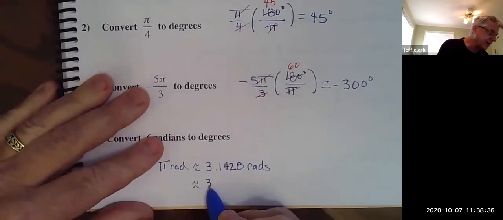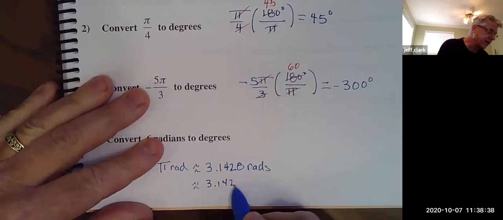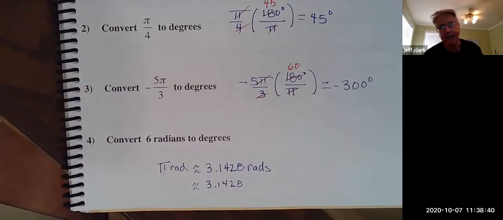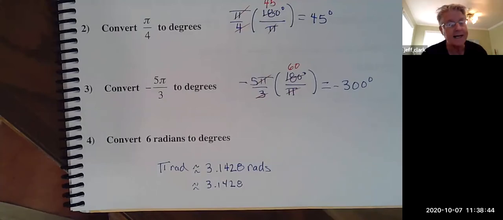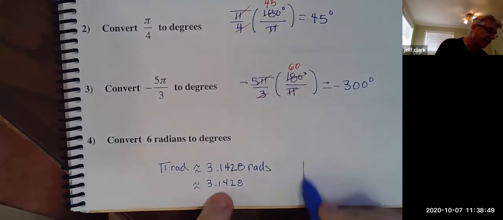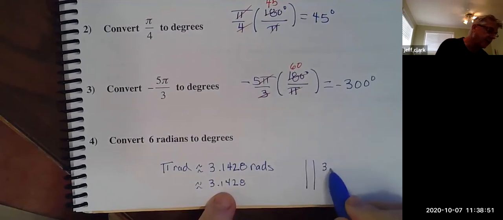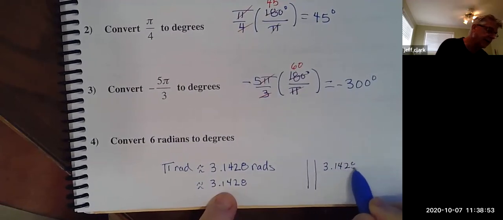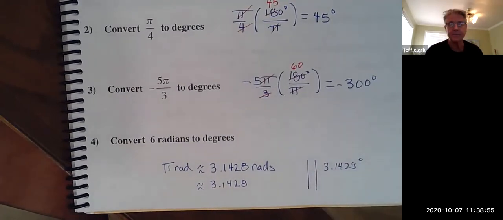Just writing 3.1428 is good enough to indicate to me and anybody else who's looking at it that it's a radian and not a degree. If you intended this to be a degree, you would have to say 3.1428 degrees and then do your measurement.